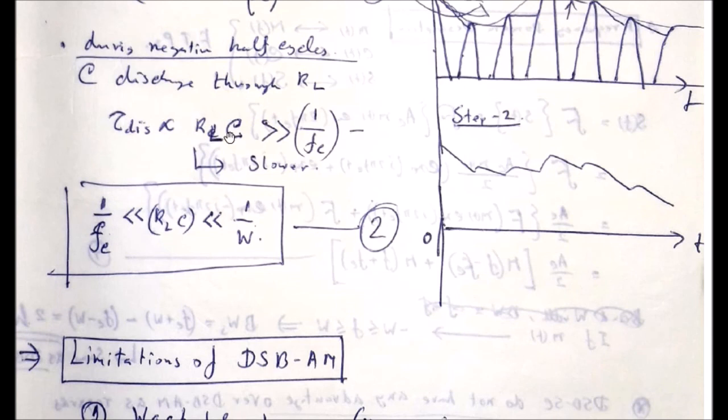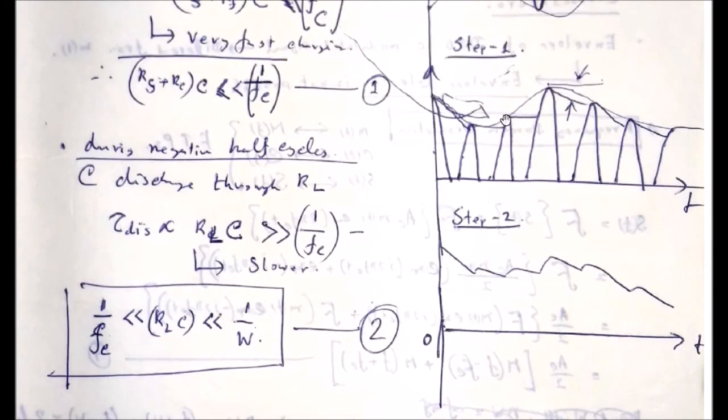Okay, but you remember that this RLC should not be very large, because if it is a very large value, then it cannot follow the message signal having the highest frequency of W, or time period of 1 by W. Because if it is very large, then this particular discharging time may be like that, it cannot follow the next cycle of the carrier signal.